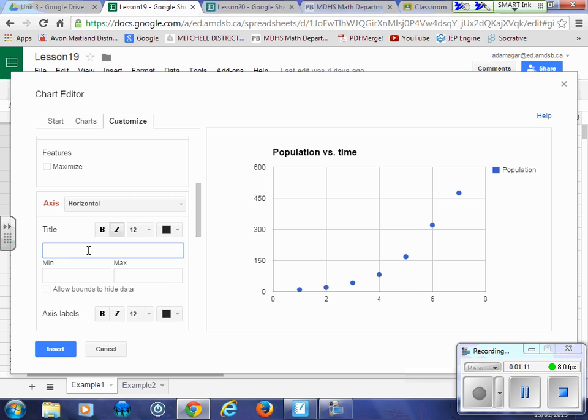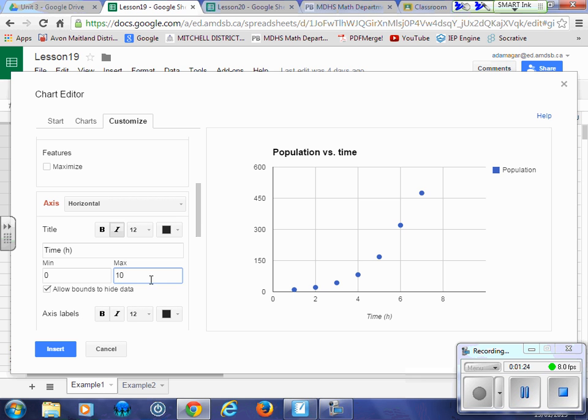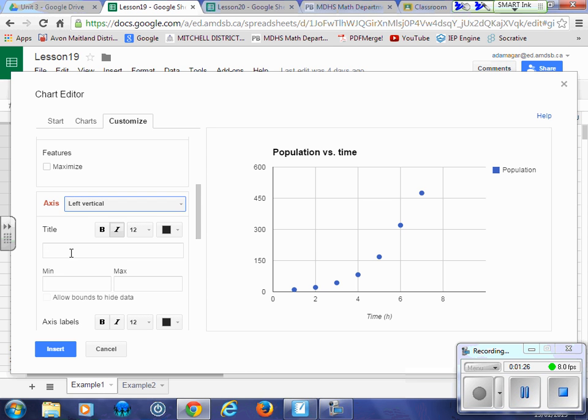Horizontal axes here. So on the horizontal, we will have time in hours, and we want to go from 0 to 10. On the vertical, we've got population, and I want to go from, say, 0 to 600.